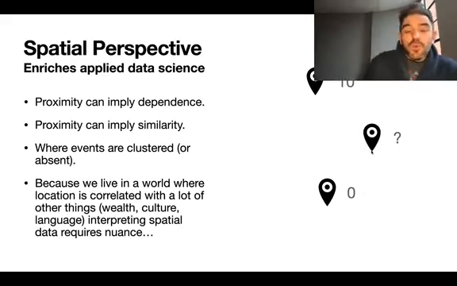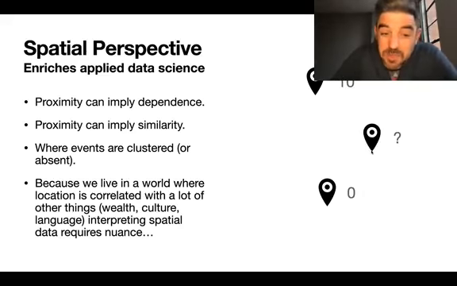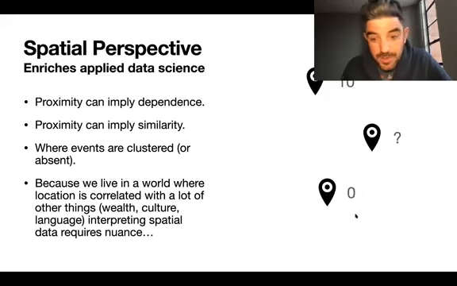Say maybe this was a map of temperature. It would totally make sense that if we're measuring 10 degrees over here and 0 degrees over here, the point somewhere in the middle would be somewhere between 0 and 10.